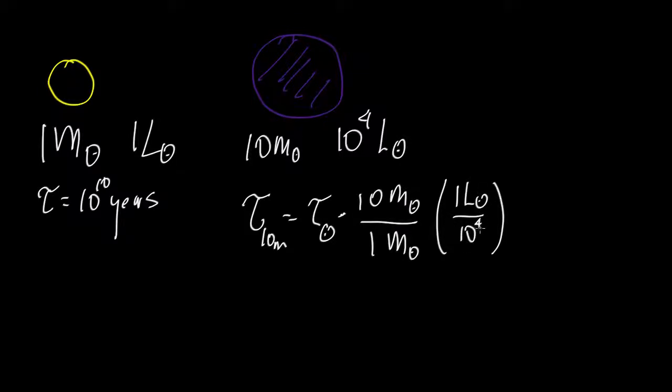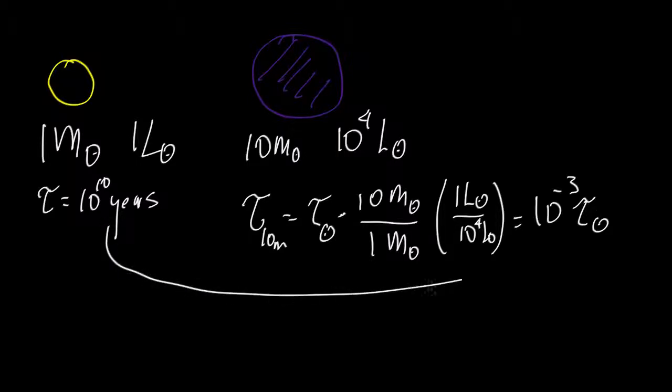These big stars have 10 to the 4 solar luminosities. And so we can expect the lifetime of one of these stars to be about 10 to the minus 3 of the lifetime of the Sun. Since the Sun has a lifespan of 10 to the 10 years, we can expect the lifetime of one of these big stars to be about 10 to the 7 years, or 10 million years. Not very long in the scheme of the universe.